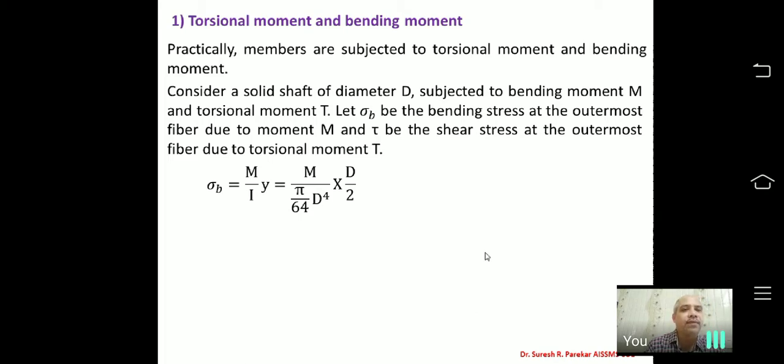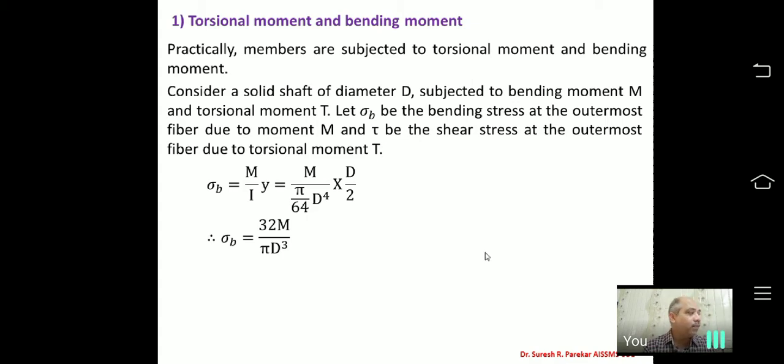M upon I, we know I is pi by 64 d to the power 4, into y is d by 2, and this will give me the bending stress at the outermost fiber of the member. If I simplify this, it gives me 32 M upon pi d cube. We are doing this for a solid shaft, not a hollow shaft. For hollow shaft we have a different expression, and for solid shaft we have a different one.